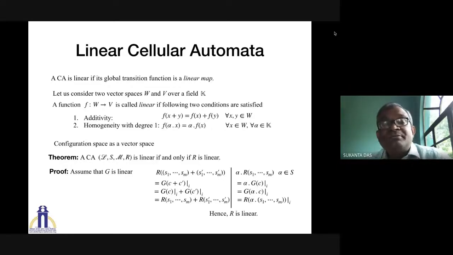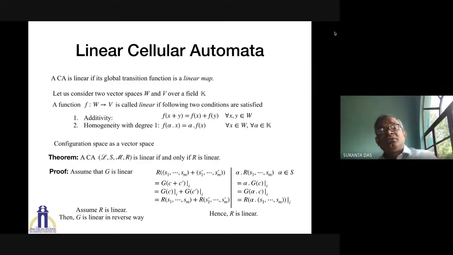Now to prove the theorem, I need to prove the reverse one. The reverse one is, assume that R is linear. Then if R is linear, you show that G is also linear, and it can be shown the reverse way, actually, from what I've shown. You have to consider here the last point. From that you have to show that G is also linear.